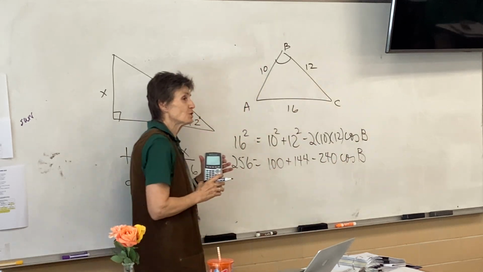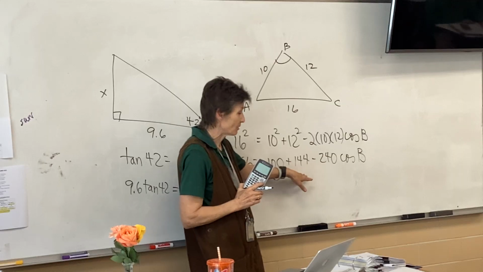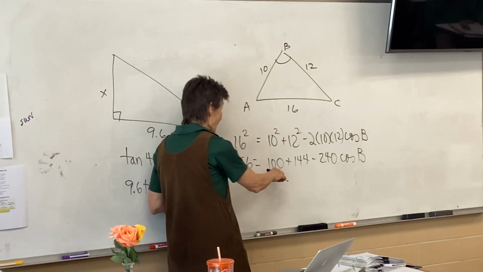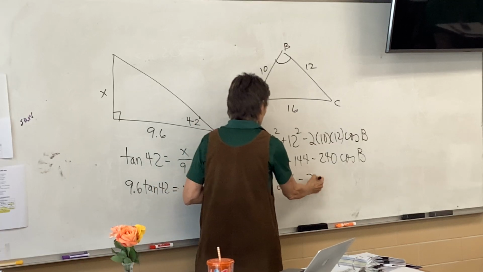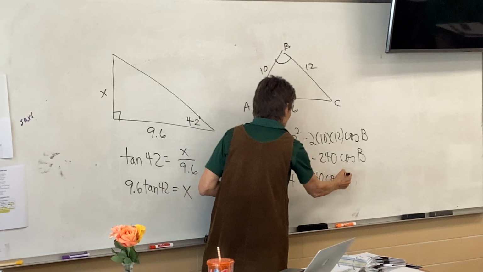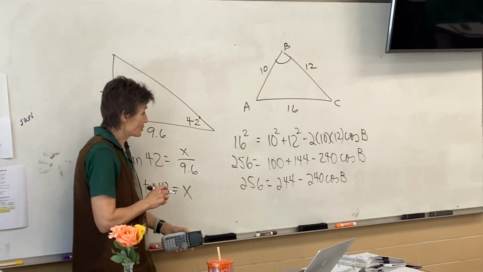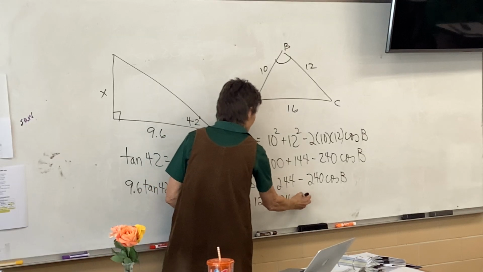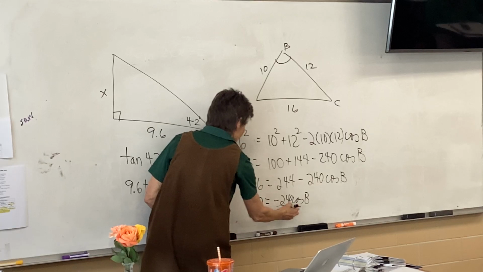A huge temptation is to add these two together and subtract 240. Can't do it. You can add these two together for sure, but don't be subtracting because this one has a cosine. Cosine B. So we're gonna subtract the 244 and divide by negative 240.